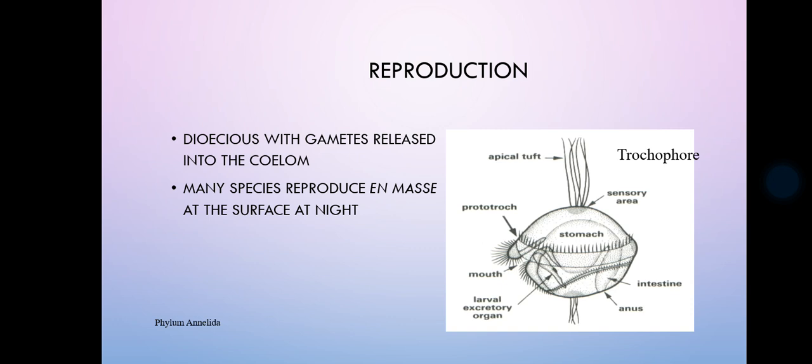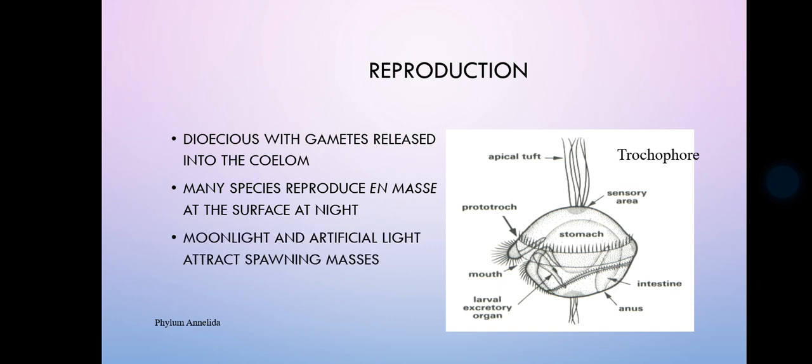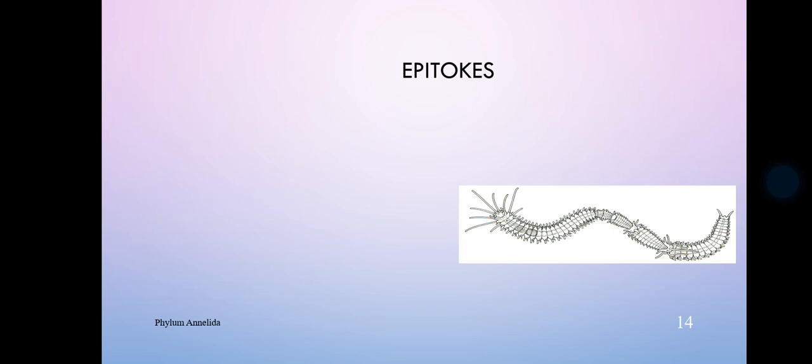Many species reproduce in mass at the surface at night. Moonlight and artificial light attract spawning masses. Epitokes.